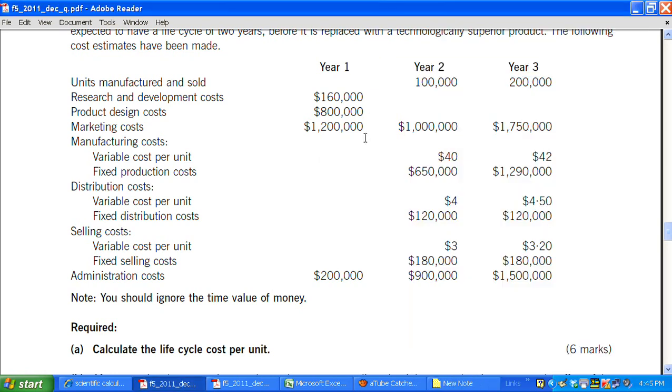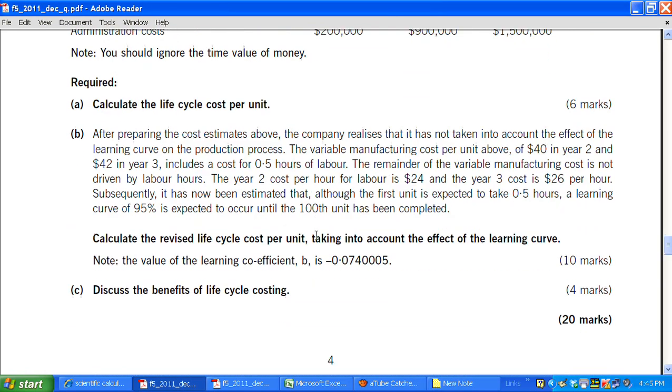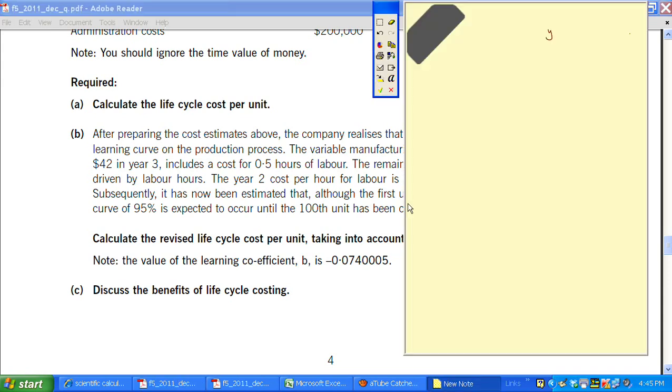Okay, so let's see what we do. So we know that y is equal to ax to the power b.